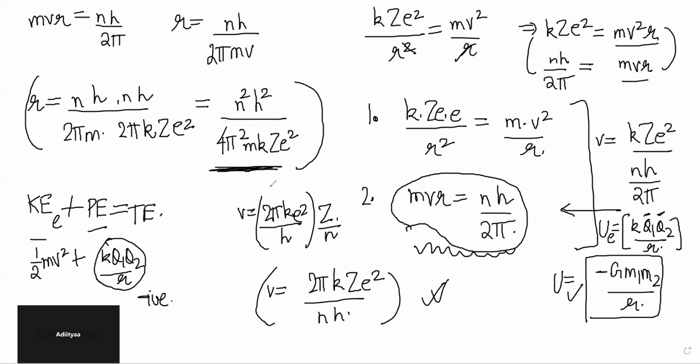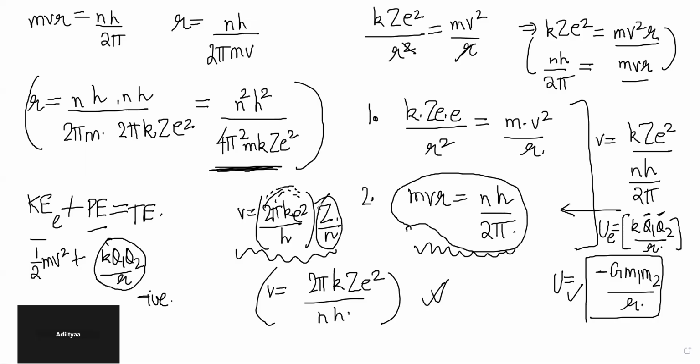The reason I'm writing it like this is that everything inside the bracket is a physical constant. e is the charge on electron, h is Planck's constant, k is the Coulomb's constant, which is 9 into 10 power 9, right? So it will be convenient to not try to remember the whole formula. You can just calculate all of these constants and remember it as the value of this constant and multiply it by Z by n, right?